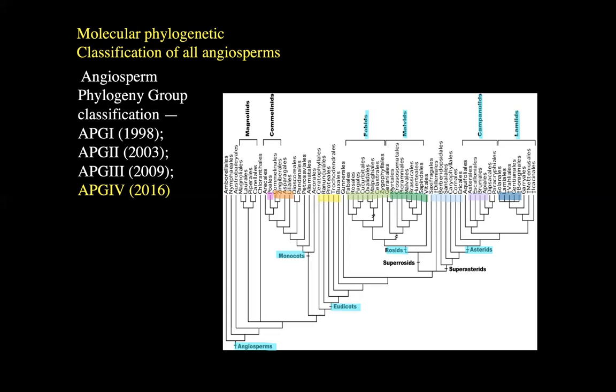And then we move into the true asterids group, which there are 2 major clades, the campanulids and the lamiids. And that's kind of where we will wrap up the class, particularly within the Asterales, the Asteraceae, and the campanulid clade. Okay, I hope that is somewhat useful.